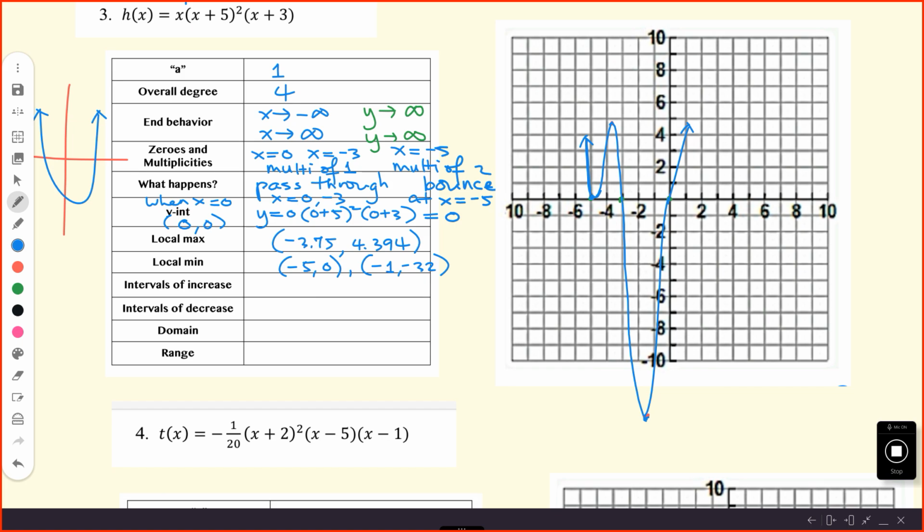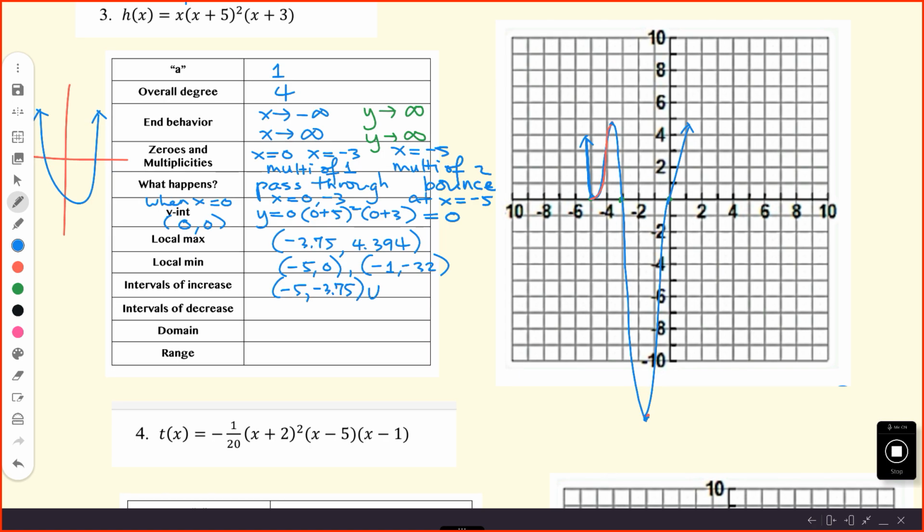All right. So interval of increase. How many increasing parts do we have here? We have 2, right? So this is the one we put a union because we're writing interval notation. So this to this. So that is negative 5, comma, this, which is the local max, and the x value is negative 3.75.